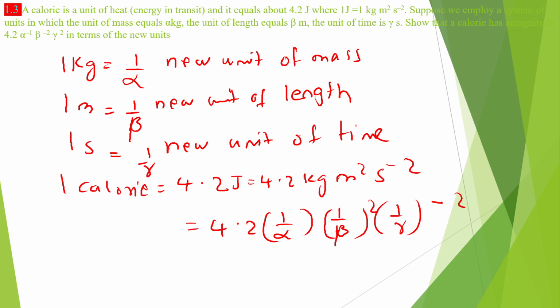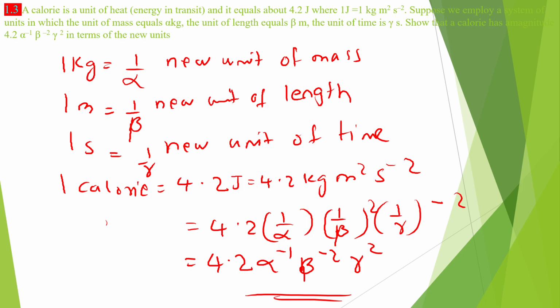Once you do like this, you will get 4.2 alpha raised to minus 1 beta raised to minus 2 gamma square. So that is the new system of unit.